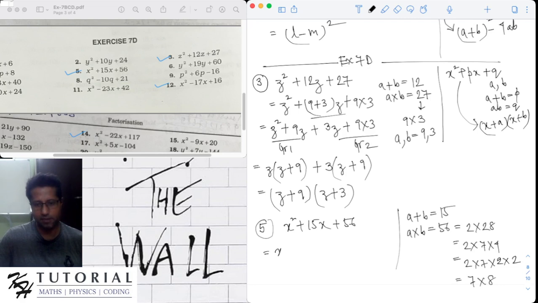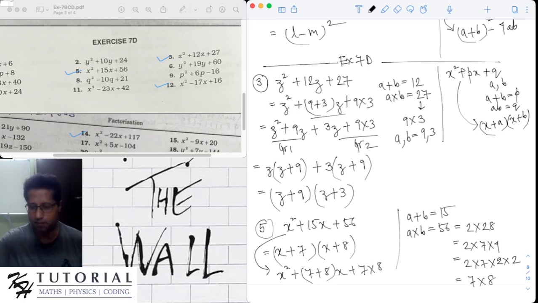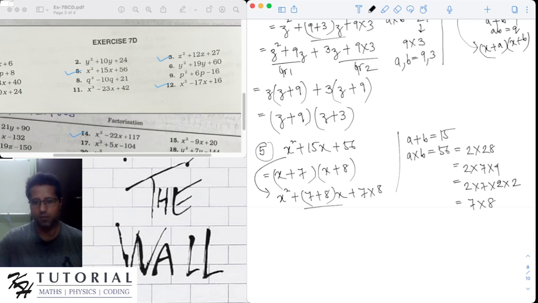So I can directly write the factorization of this polynomial as x plus 7 into x plus 8, once you have found A and B. But if you want to solve it step by step, it will be x square plus 7 plus 8x plus 7 into 8. Now you do this product and open the brackets, you get x square plus 7x plus 8x plus 7 into 8.